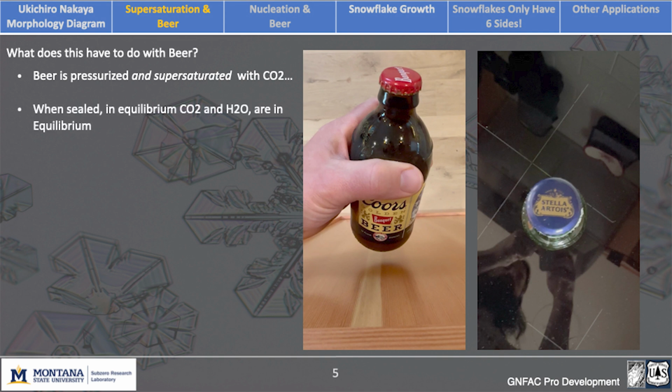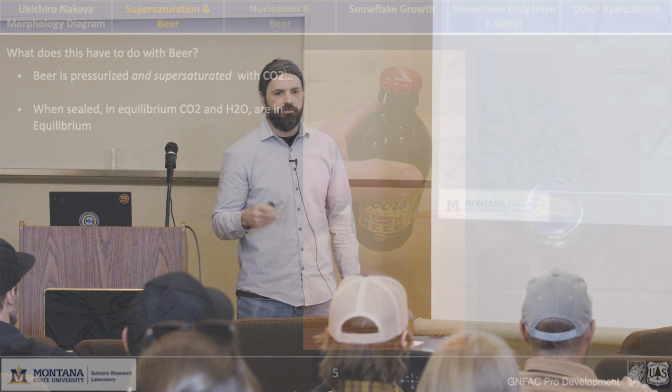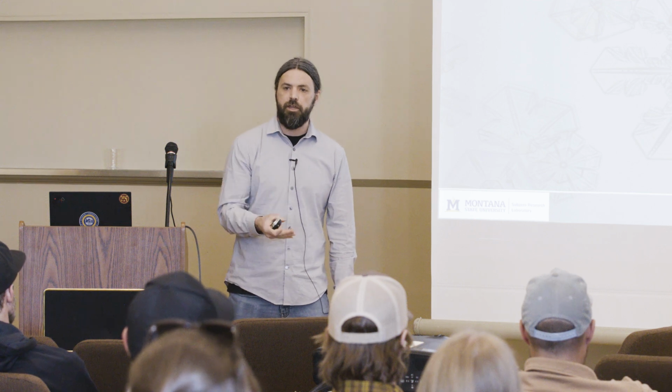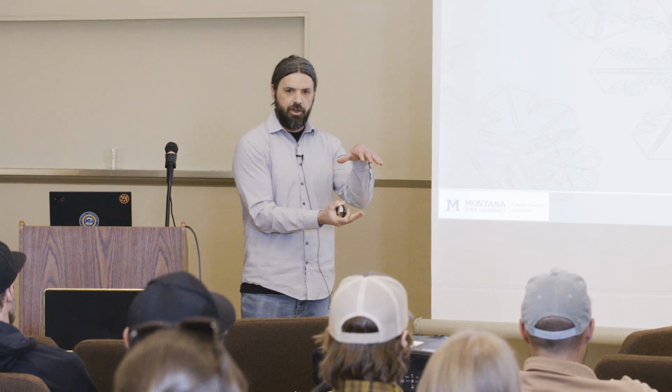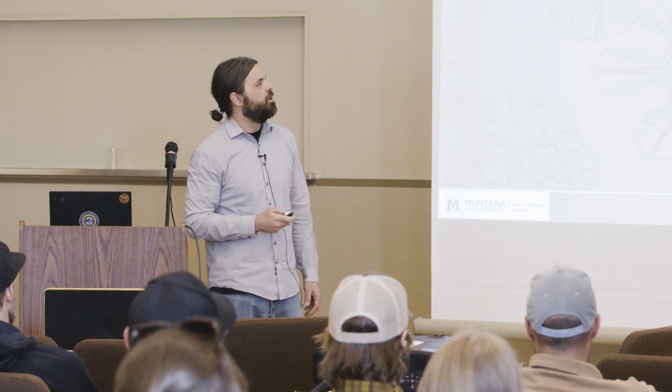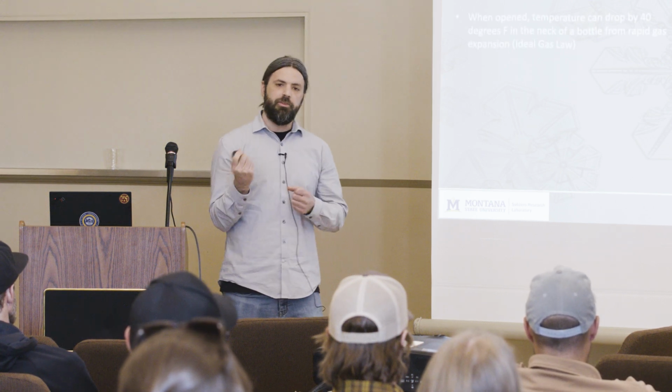But when it's sealed, when the cap is on the top, it's in equilibrium, because the gas in that part of the neck right above the liquid is sealed at the top, and so it's in equilibrium with the pressure of the CO2 in the beer. So it's like having that water in the flask with the top on it, right? It's all in equilibrium.